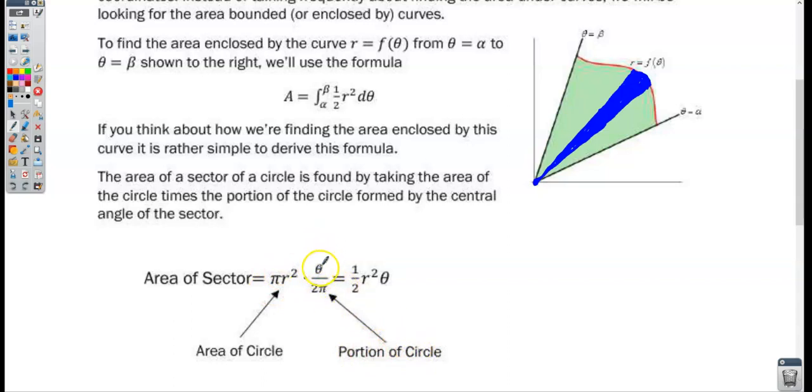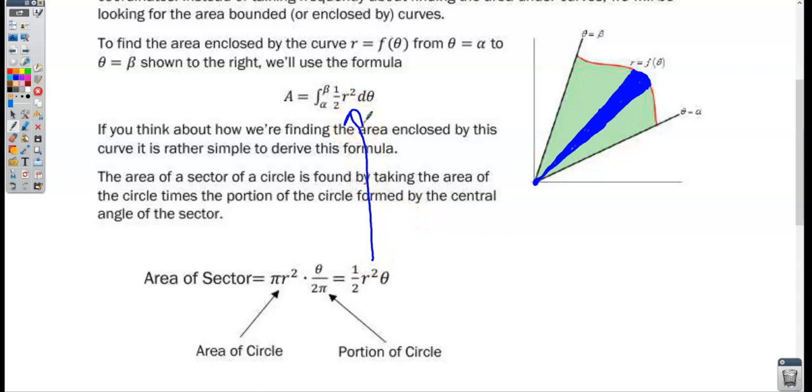Since there are 2 pi radians in the entire circle, if we take the angle, which is what portion of the circle we're talking about, and divide it by the angle that represents the entirety of the circle, this gives us the portion of the circle that we're looking at here. And so when we multiply all that together, it gives us this formula 1/2 r squared theta, which looks a whole lot like what we see up here.